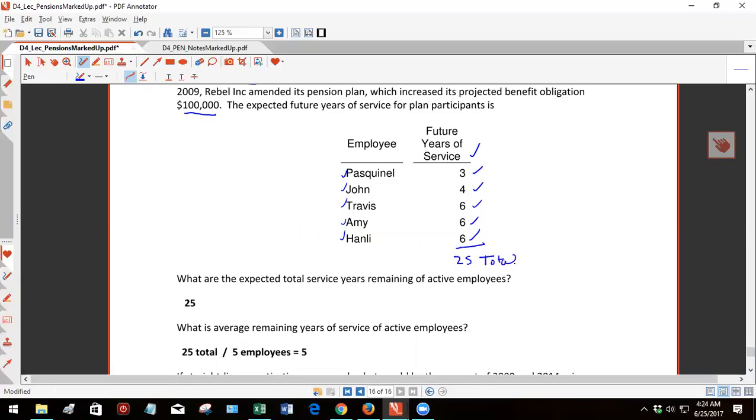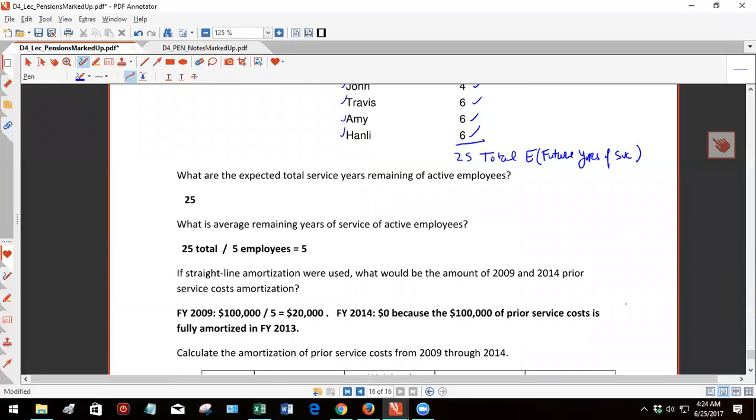Total expected future years of service. Okay. All right, so that's where the 25 comes from. Now, average remaining service life of active employees, you can now calculate it. How about that? 25 expected future years of service, 5 employees, 5 years on average per employee.